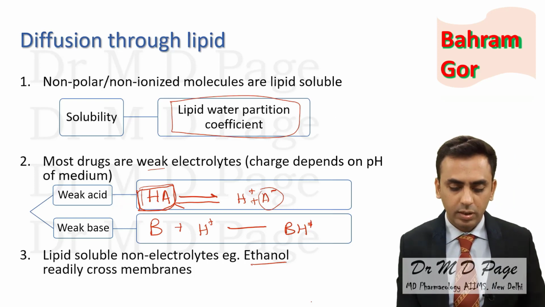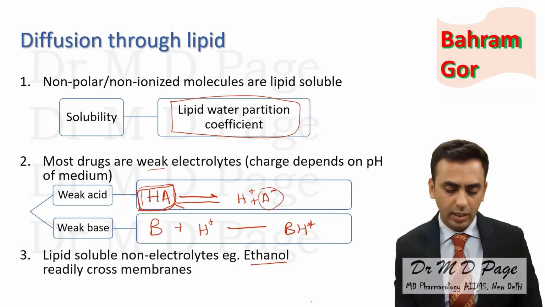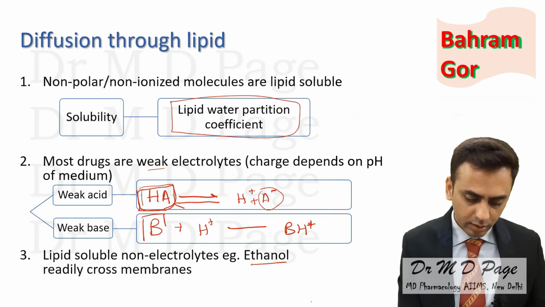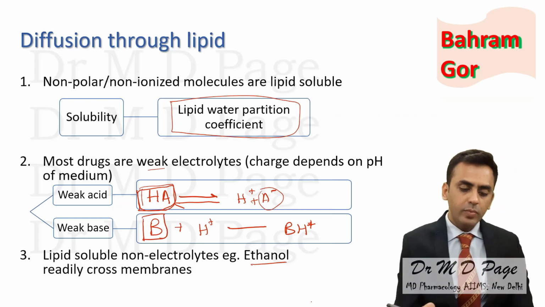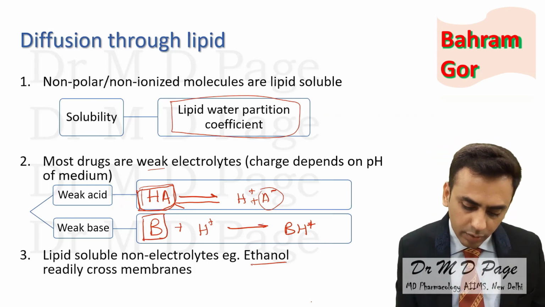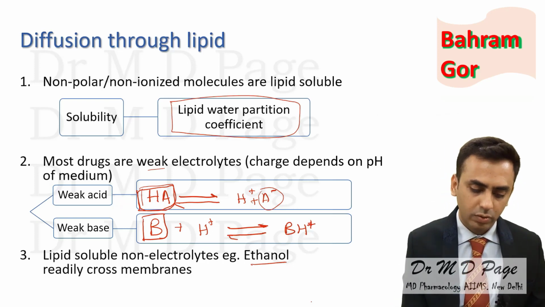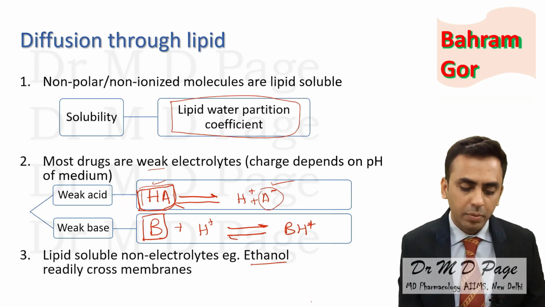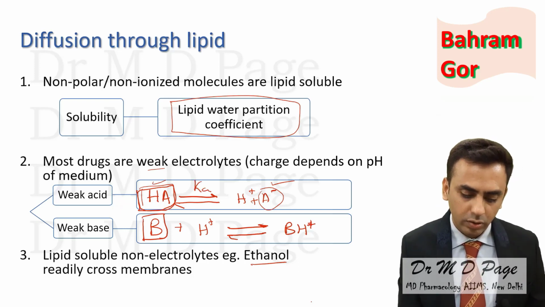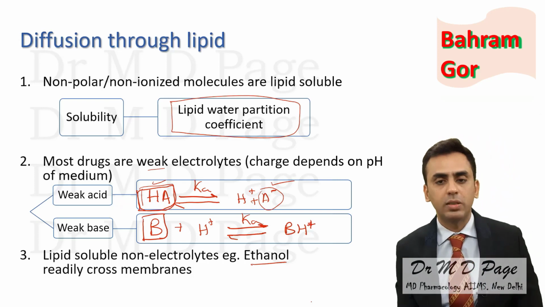So see here, BH+ is charged. So this is the uncharged species. Now whether it will be in charged form or uncharged form depends on the dissociation constant, for both acidic as well as basic drugs.